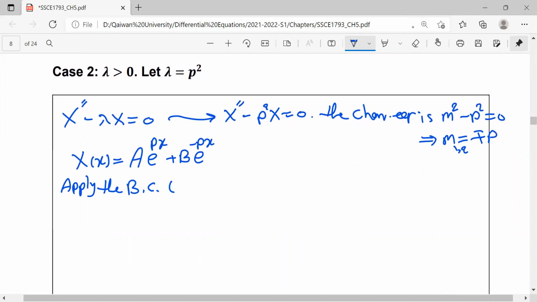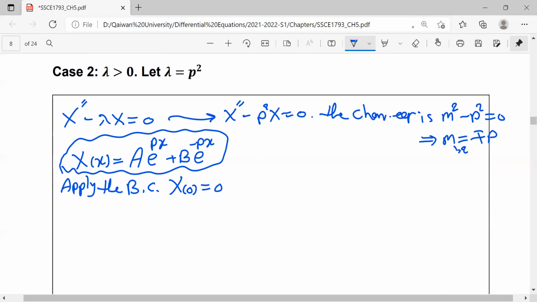X of 0 is 0. We have 2 boundary conditions. X of 0 is 0 and also X of 1 is 0. We apply these boundary conditions. In the equation of X, we replace each x by 0 and we equal it to 0.